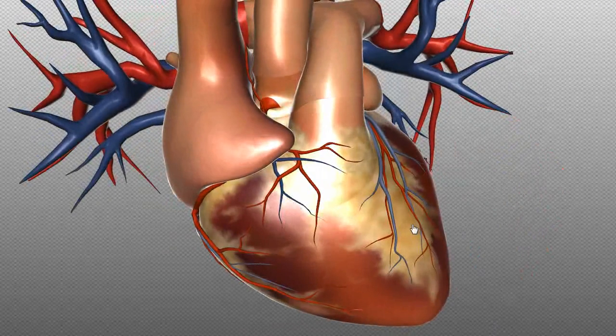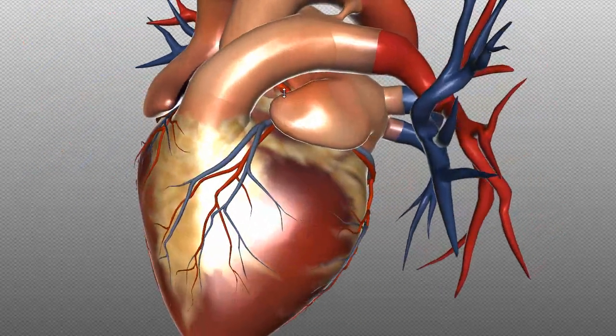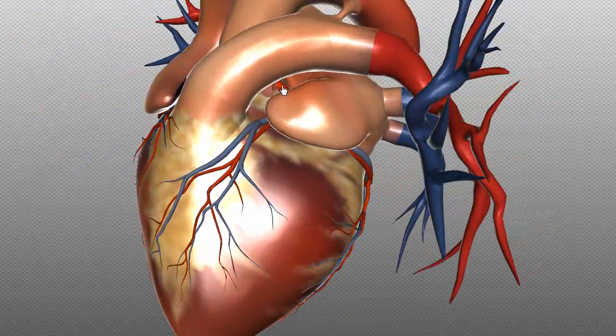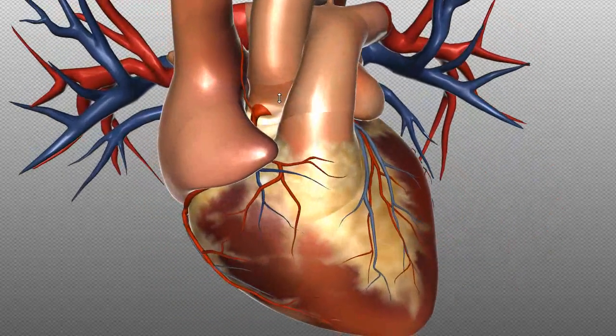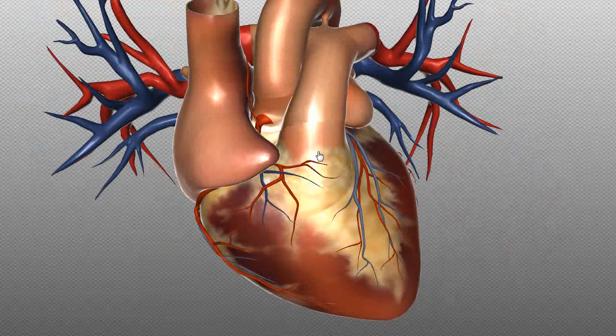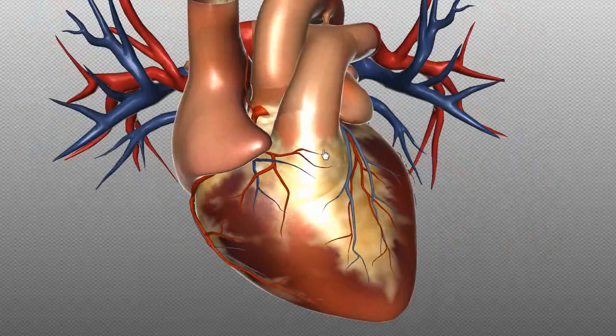So the right aortic sinus gives rise to the right coronary artery, and the left aortic sinus gives rise to the left coronary artery. So you've got these two main branches coming from the base of the aorta, the right and left coronary arteries, and they've got various branches which I'm now going to talk about.